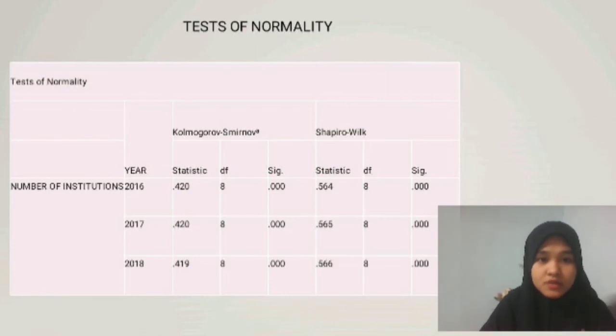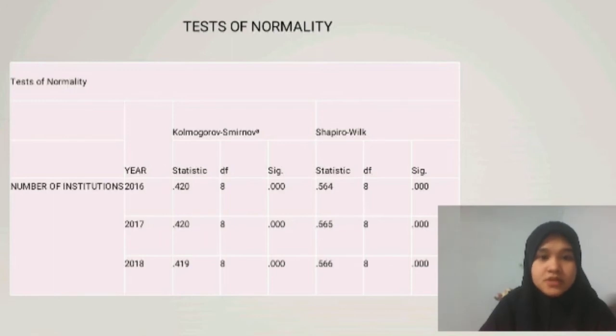The Kolmogorov-Smirnov test of normality on the number of institutions gives a p-value of 0.000, which is less than 0.05 alpha. Thus, the assumption of non-normality of the number of institutions term is made. Why is it not normal? Because the p-value is less than alpha 0.05.